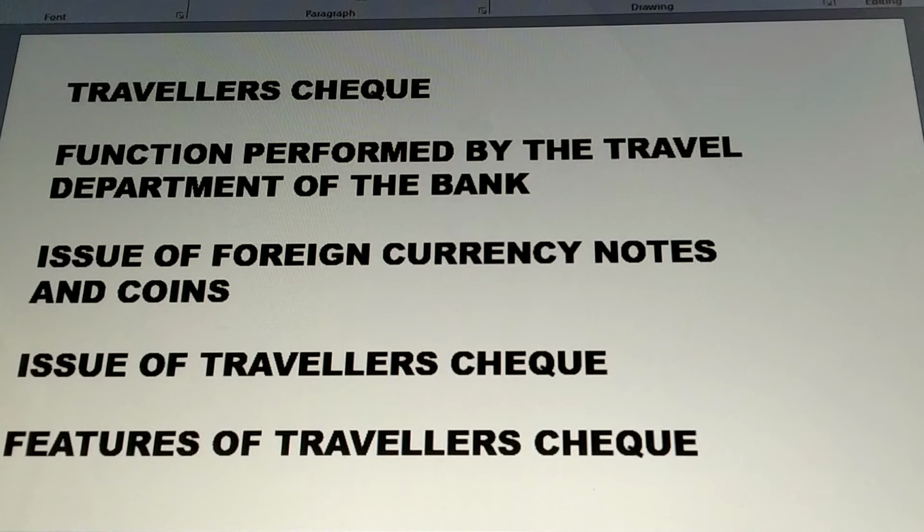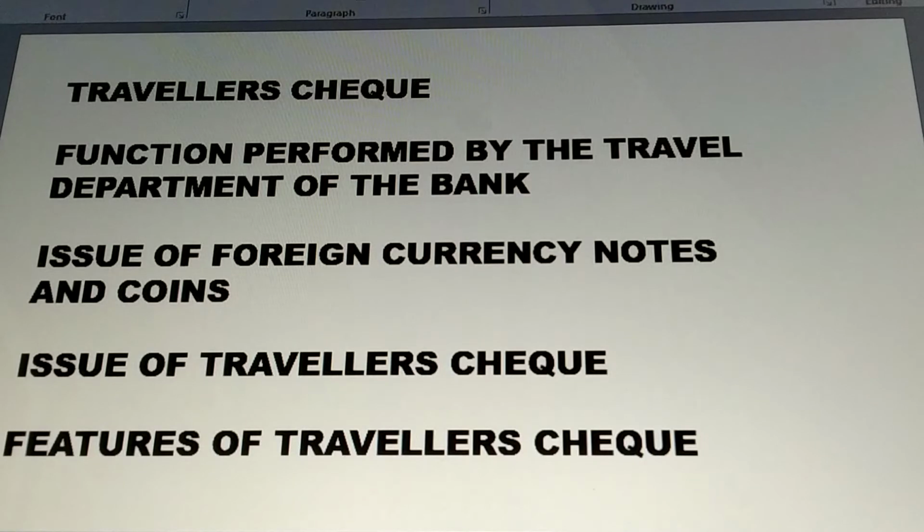Now, the foreign currency will be issued only after a person who is planning to travel abroad and wants foreign currency deposits an equal amount of Indian rupees in that particular bank.